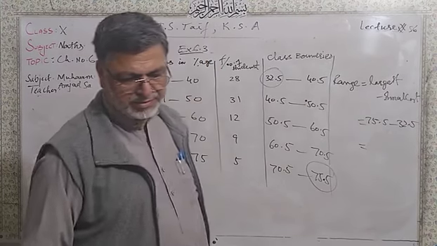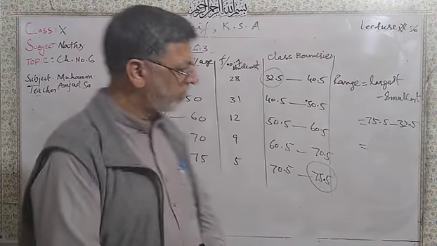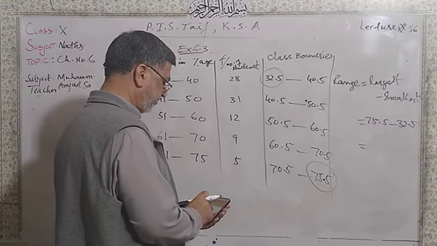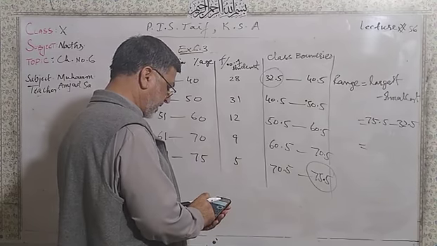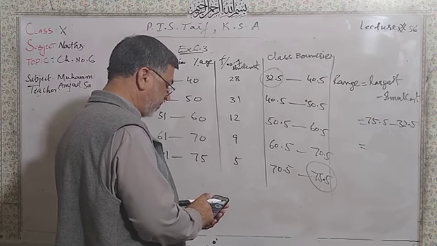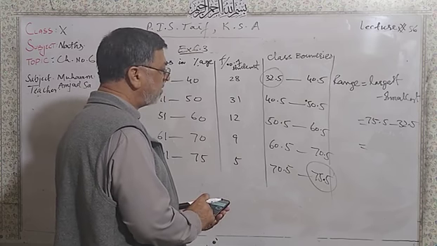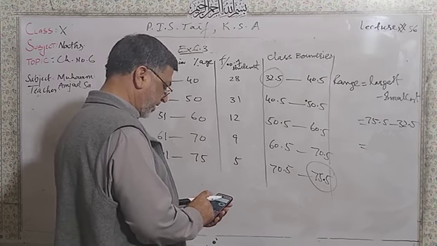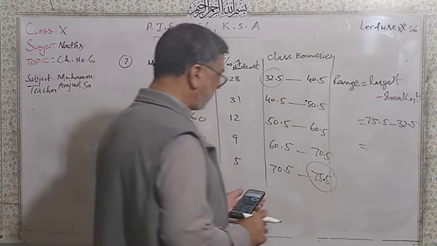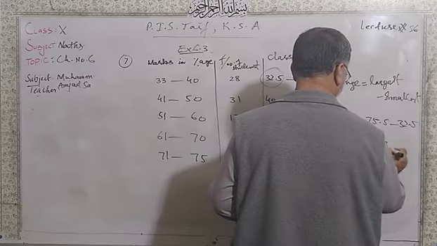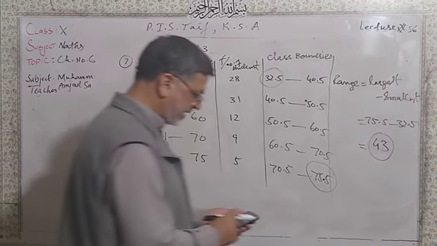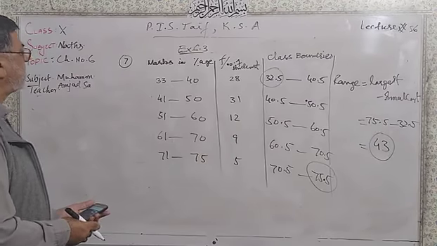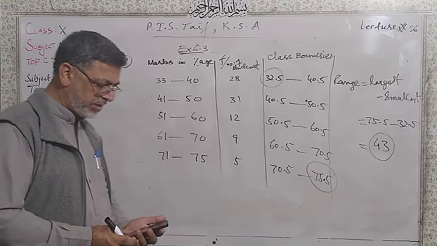So we have 75.5 minus 32.5, which is equal to 43. Dear students, that was your question number 7, exercise 6.3.